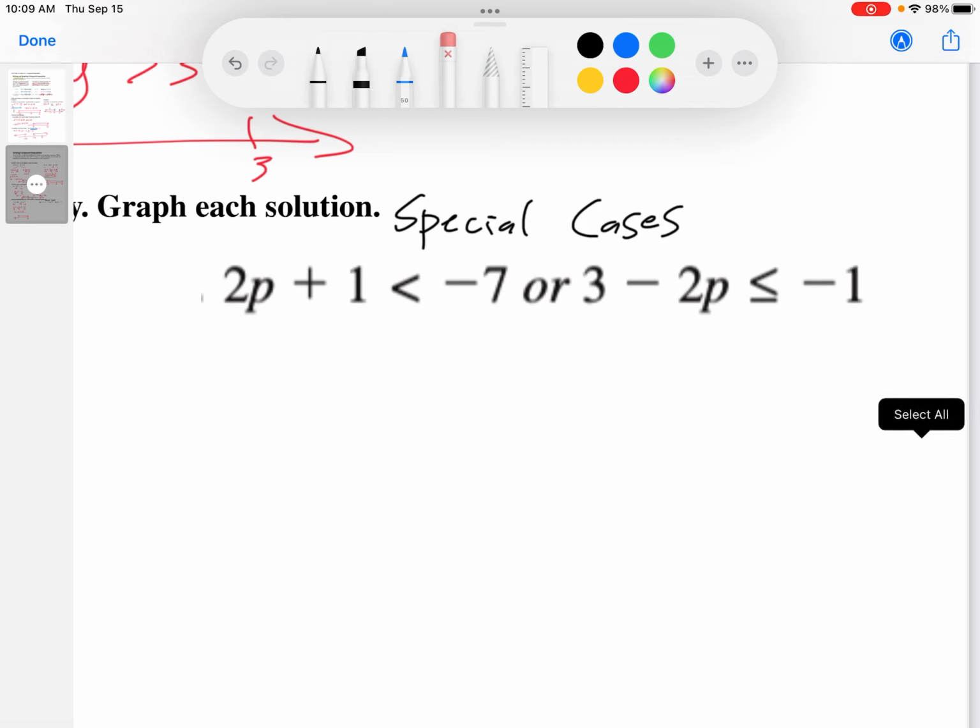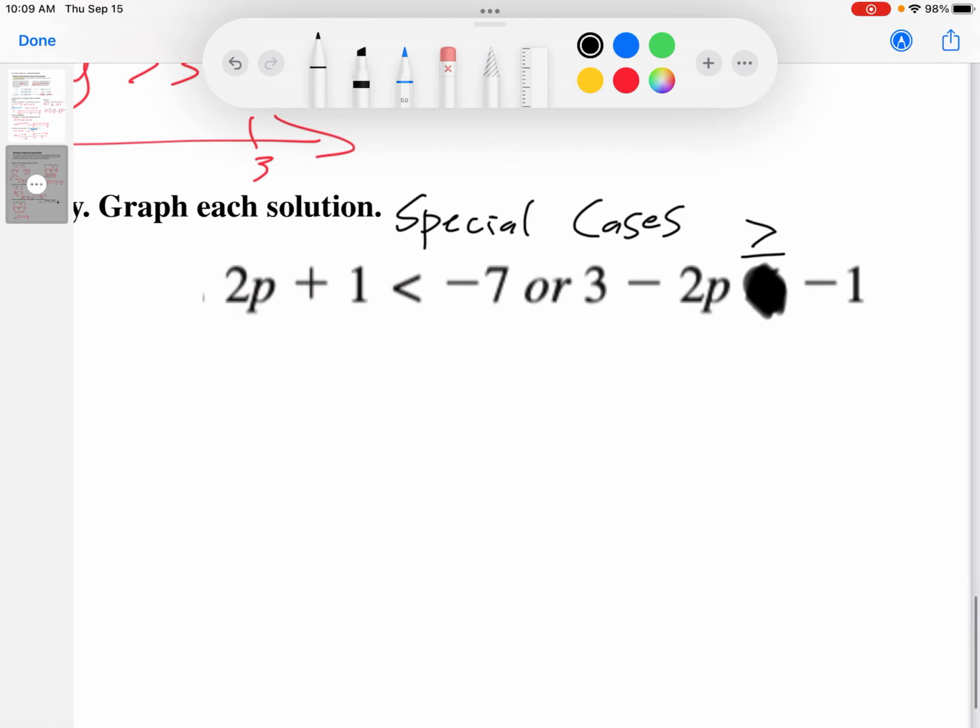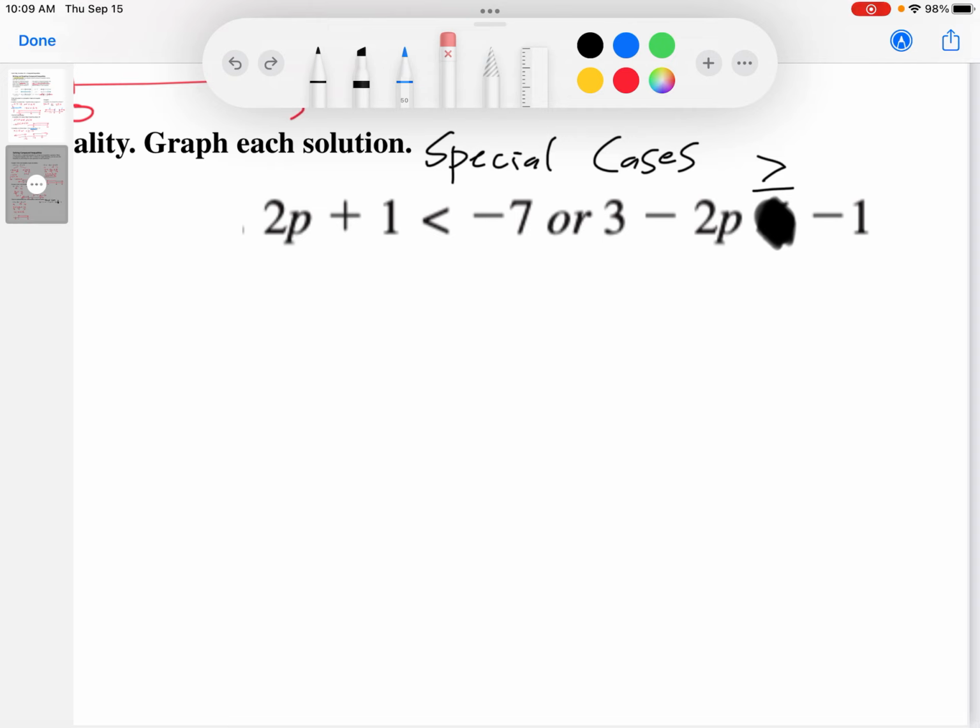So here's what I mean. We're going to flip that inequality symbol around. And this is a good guide for problems 13 through, I think, about 17 on your homework. So sometimes you have some kind of special case problems, and here's what I mean. We're going to see how this turns out.